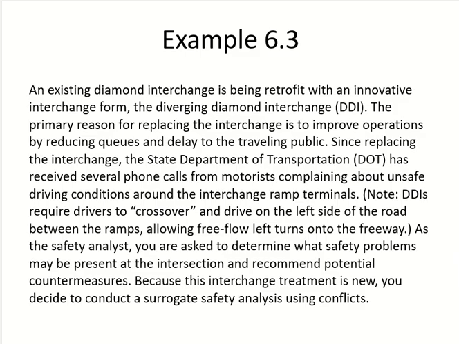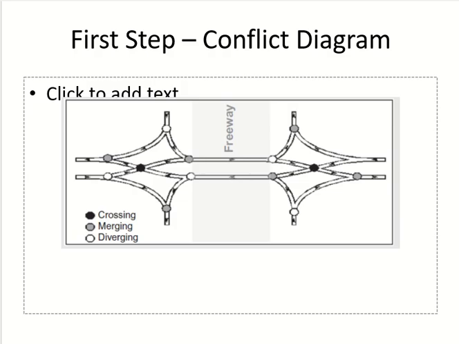this is an example. There they applied a new type of interchange which is called a diverging diamond interchange. Okay, so in this case, you can later on have, you have the slides, right? You have the slides. Okay, so there are arrows given which are showing where each ramp is going.